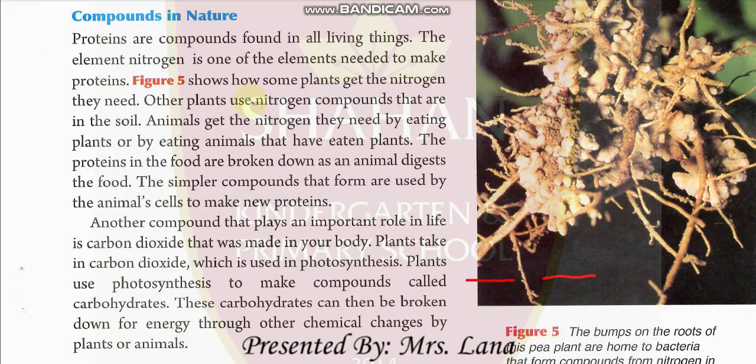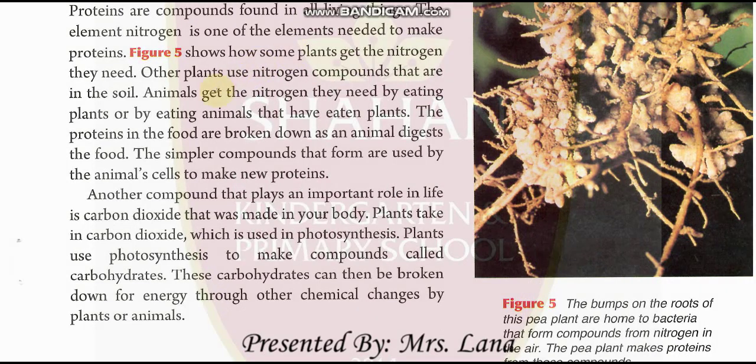And we have another compound in nature: protein. Proteins are compounds found in all living things, as we know. The element nitrogen is one of the elements needed to make a protein. Figure number 5 shows how some plants get the nitrogen they need.